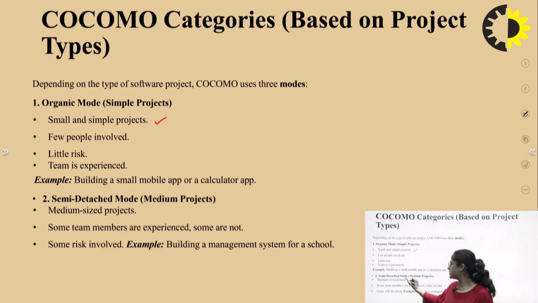The second is the semi-detached mode, where medium-size projects are handled. Some team members are experienced and some are not. Compared to organic mode, more people are used here, and some risk is involved.